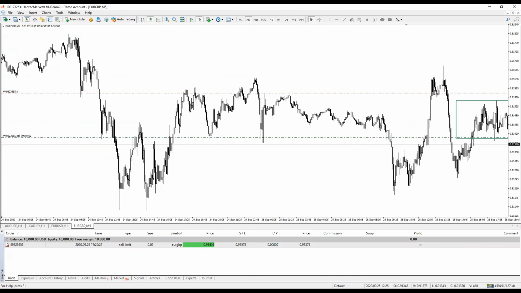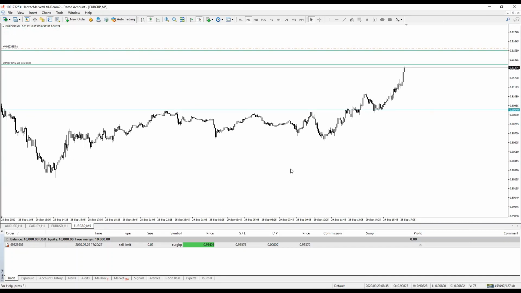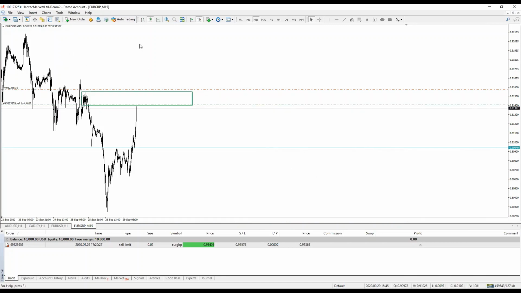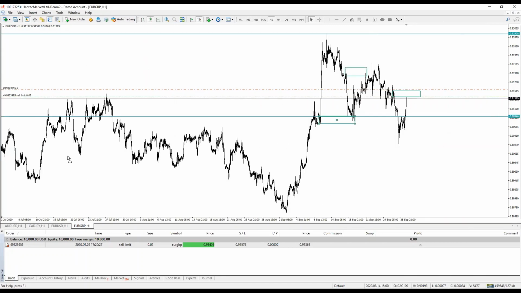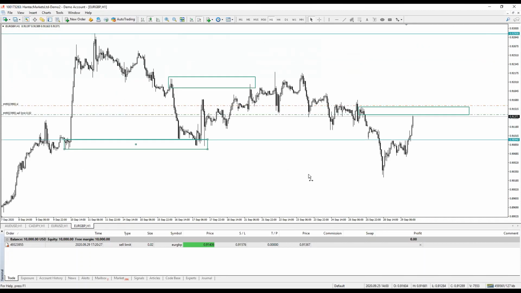Looking at M5, this is for the people who were in our previous sessions. We could see that we could have refined our decision point, about 5 pips higher than that, but we will leave it because we were drawing it by the H1.